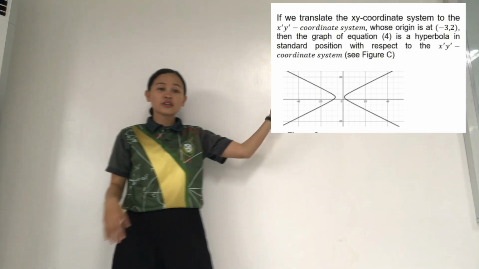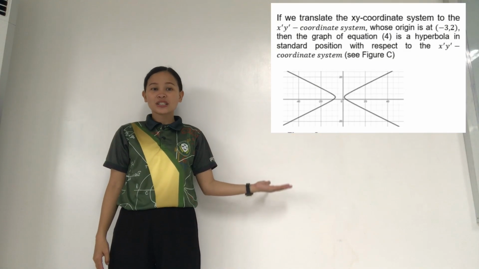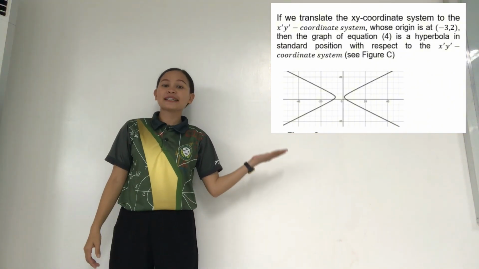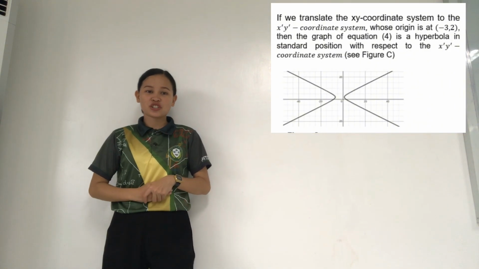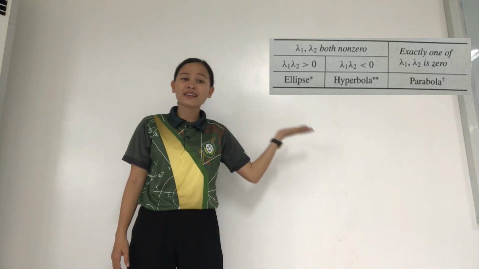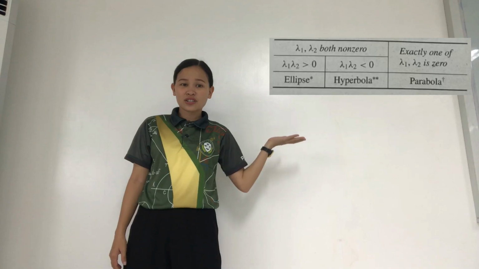So take a look at figure C. As you can see, this is how it looks when the hyperbola is in standard position. Now, next, we are going to identify the conic section given an equation. This is how we identify the conic section.